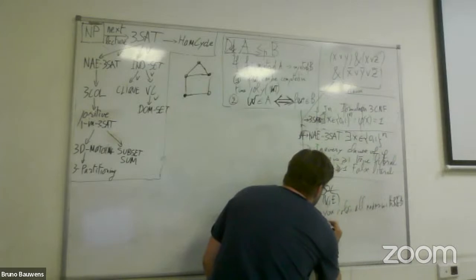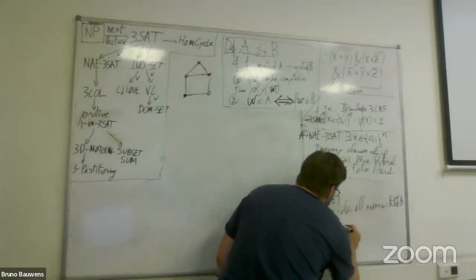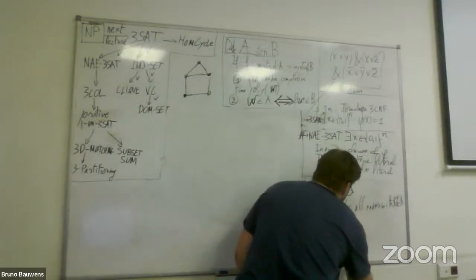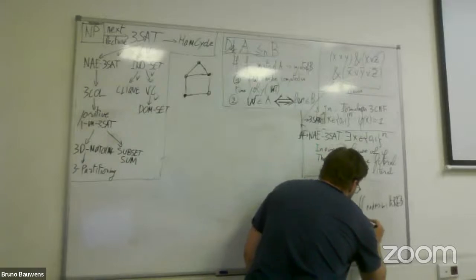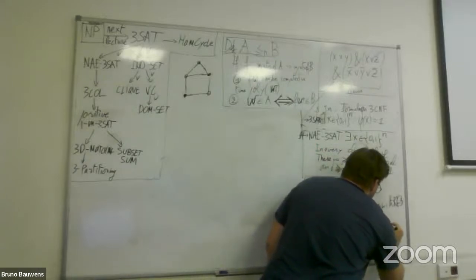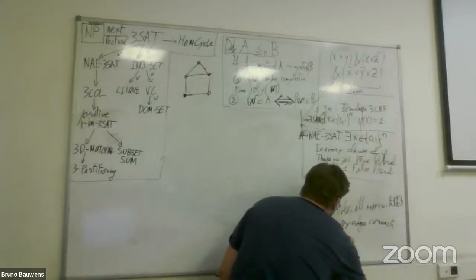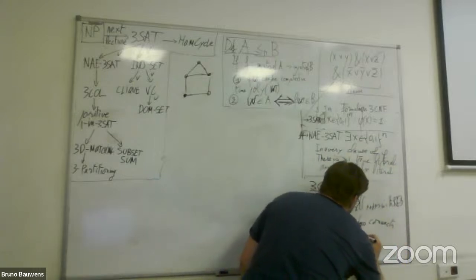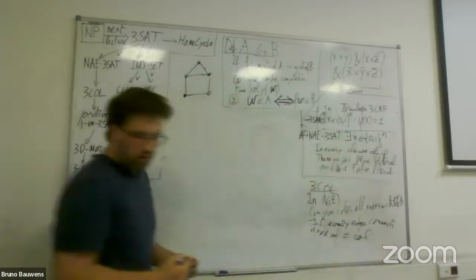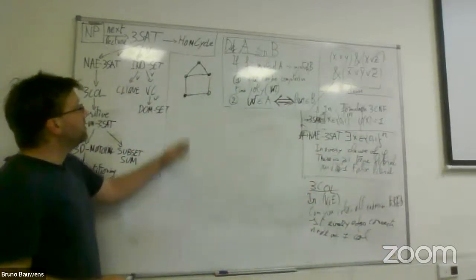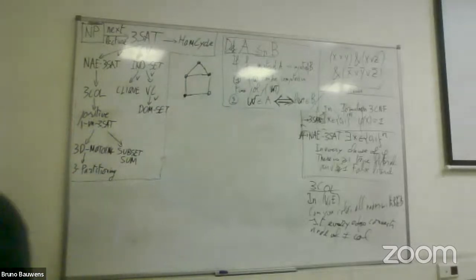And such that every edge connects nodes of different color. So this graph is 3-colorable. It's very easy.